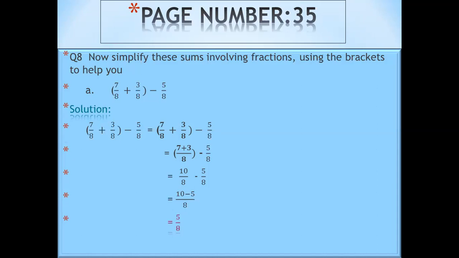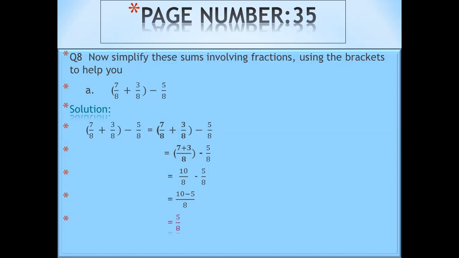The first part is 7 over 8 plus 3 over 8. These two fractions are enclosed within the bracket, and minus 5 over 8. It means that first we add these two fractions, 7 over 8 and 3 over 8. After finding the answer, we will subtract 5 over 8 from it.